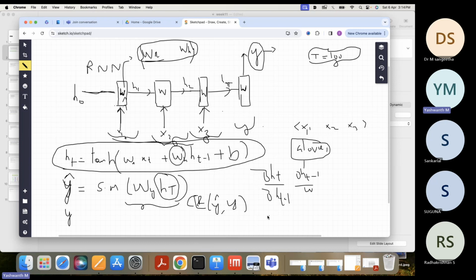So this term keeps getting multiplied. So you end up getting terms WH raised to some big number.